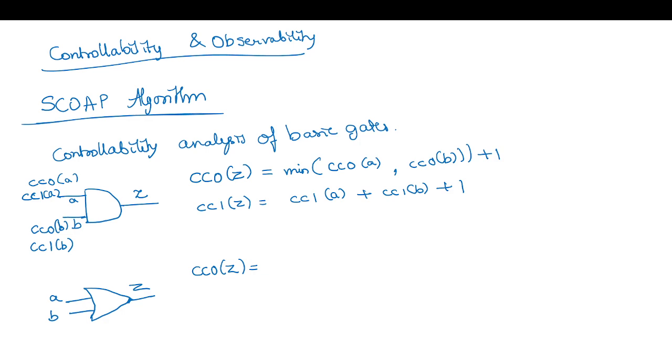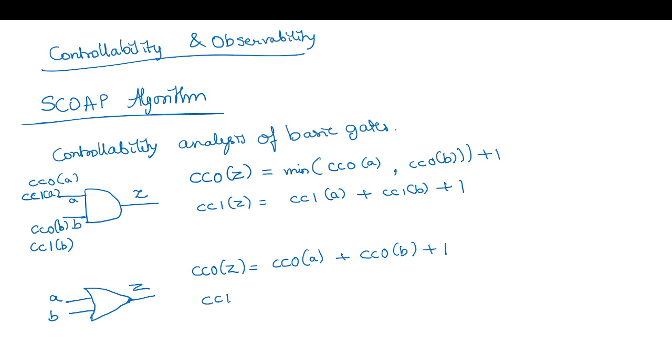So similarly for an OR gate, for having a 0 at the output, we want both the inputs to be 0. So combinational controllability 0 of A plus combinational controllability 0 of B plus 1 for the next stage.